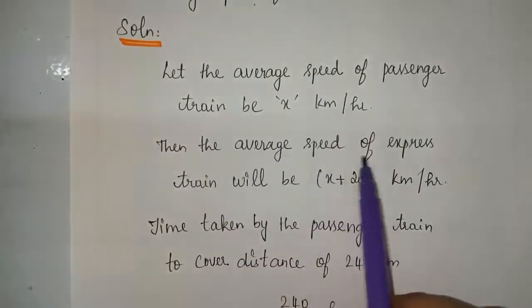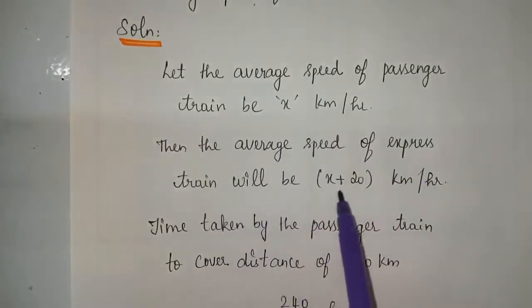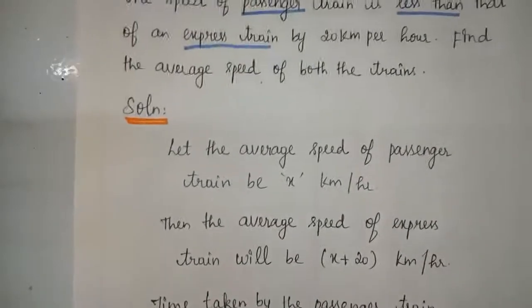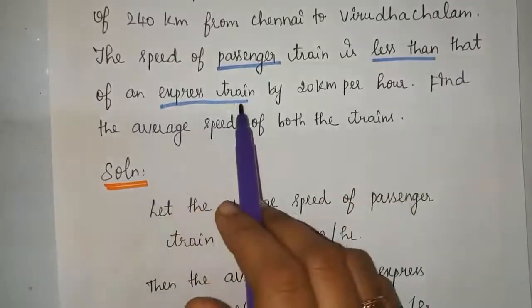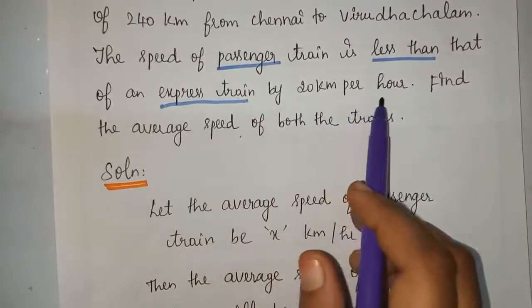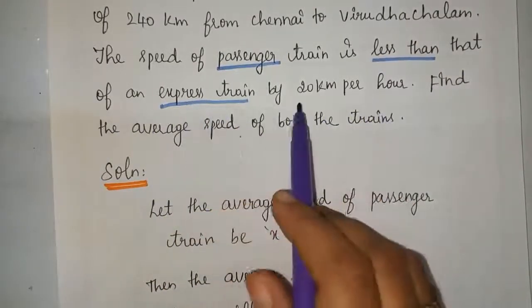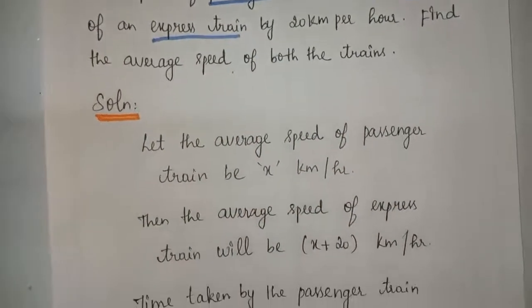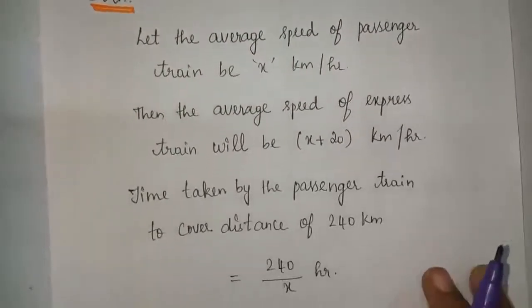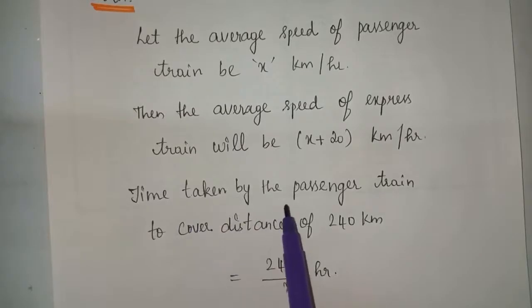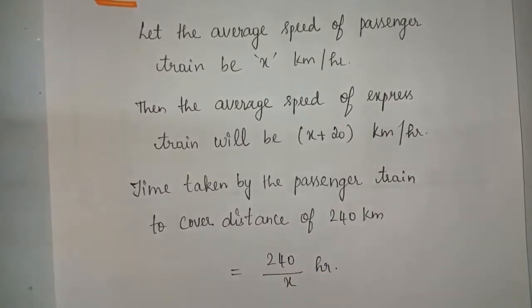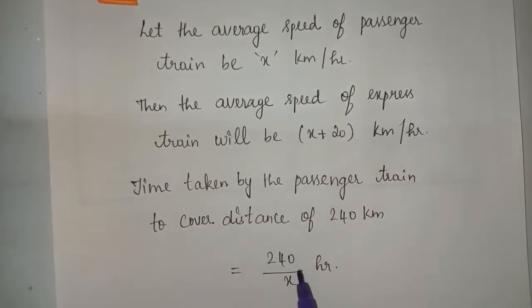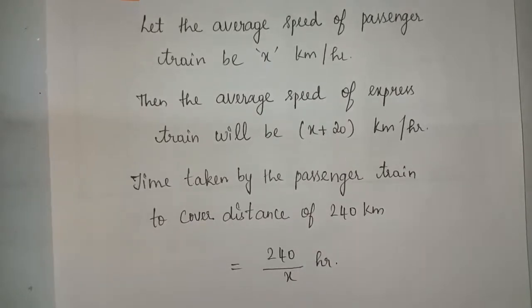Then the average speed of the express train will be x plus 20 km per hour, because the speed of the passenger train is less than that of the express train by 20 km per hour. So the express train travels 20 kilometers more than the passenger train. Then time taken by the passenger train to cover the distance of 240 km is equal to 240 by x hour.